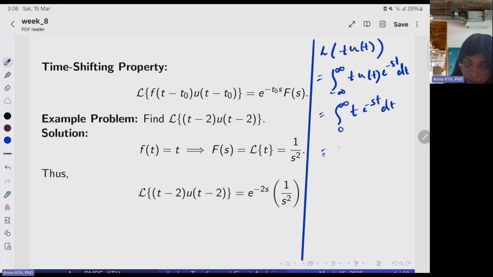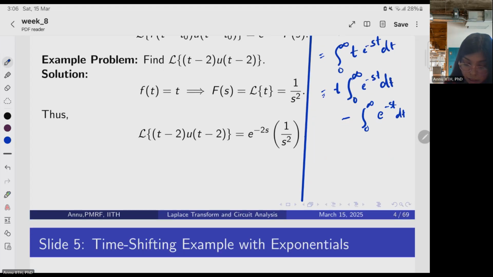The first function times the integral, minus the differentiation of the first function multiplied with the integration of the second function. If you solve it, you will get 1 by s squared.